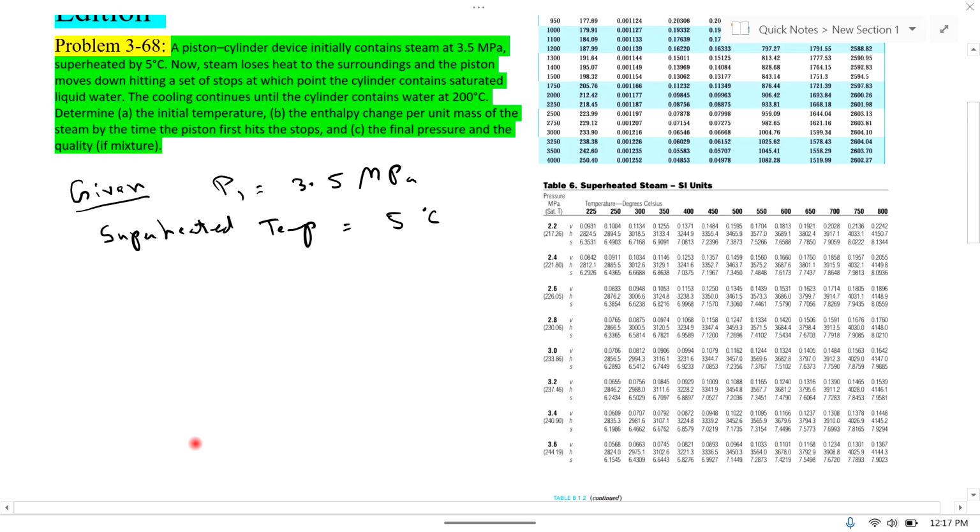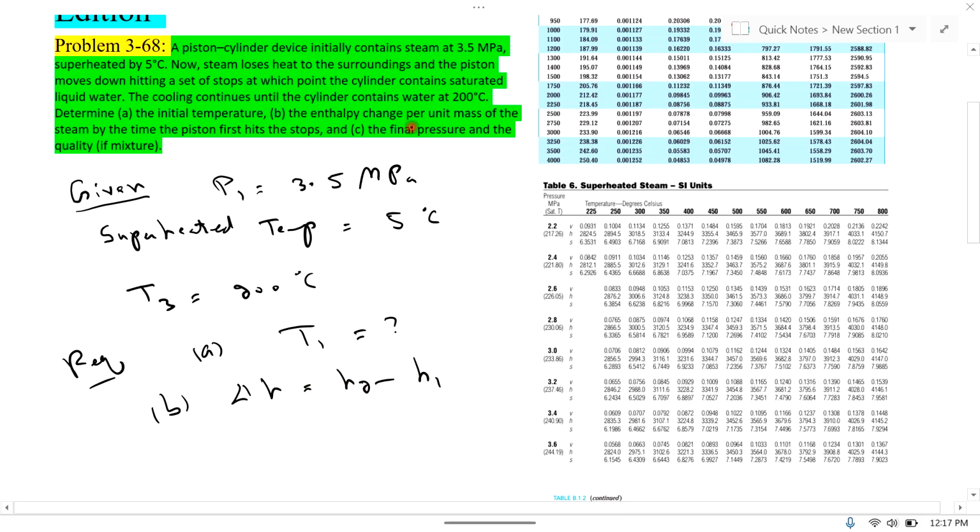Now the final temperature T3 is 200 degrees centigrade. Required is number A, find the initial temperature. Number B, the enthalpy change per unit mass, del H equal to H2 minus H1, per unit mass of the steam by the time the piston first hits the stop.